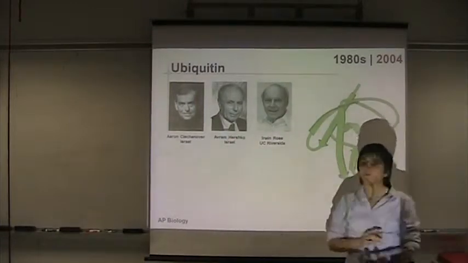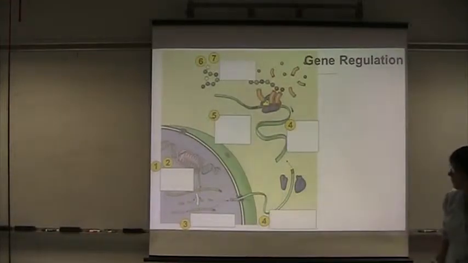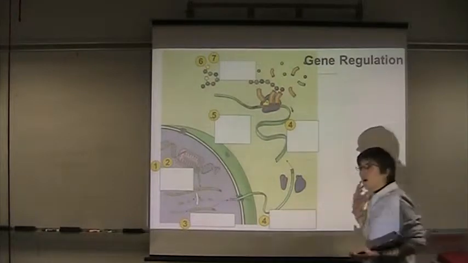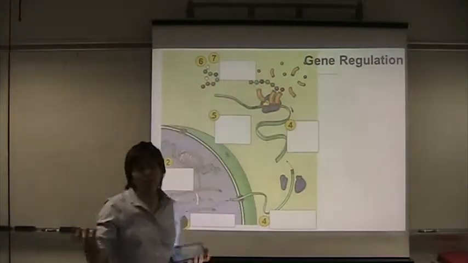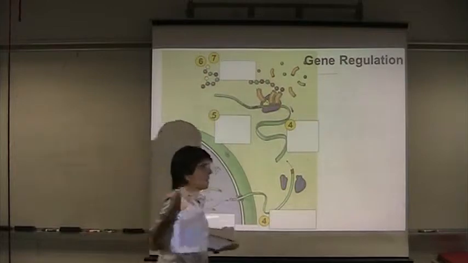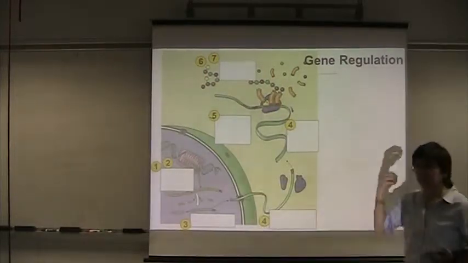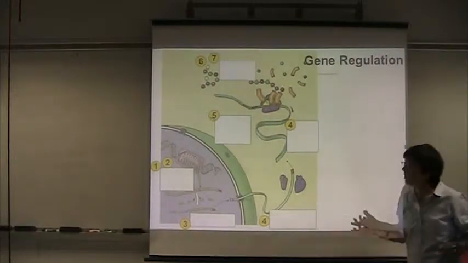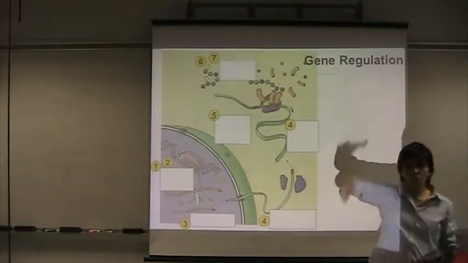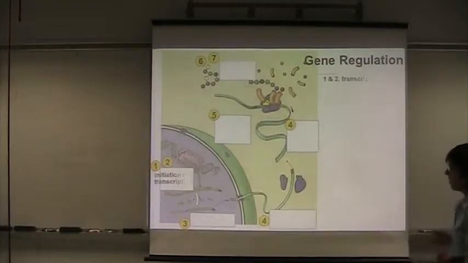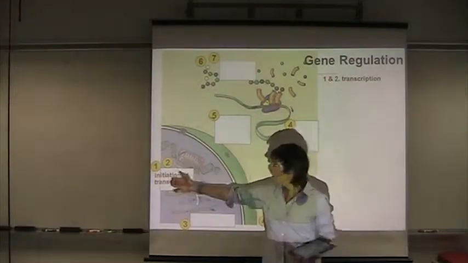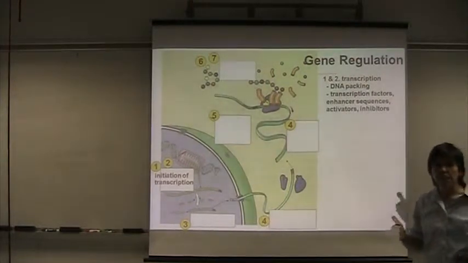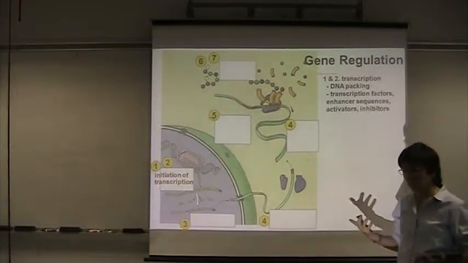So, ubiquitin, death tags. We just completed a walkthrough through all the things that can go right or wrong, depending on your point of view, that can turn genes off, stop the production of a protein, and is part of what we call gene regulation in our bodies. So just to walk through, here we go. Number one, we can regulate at the level of transcription, and for that, DNA packing around histones is very important.